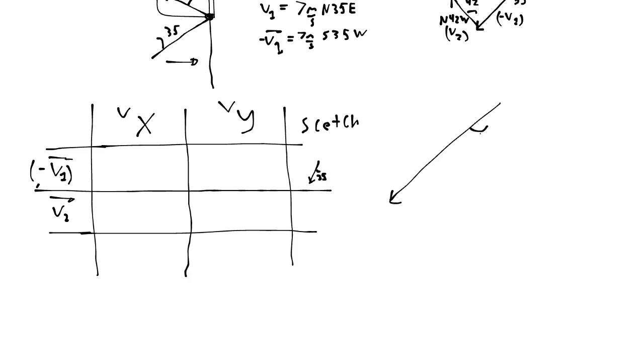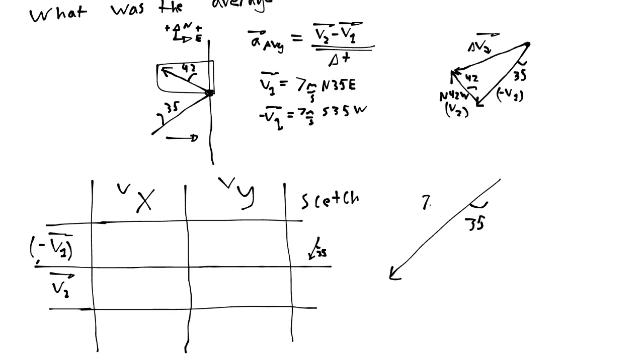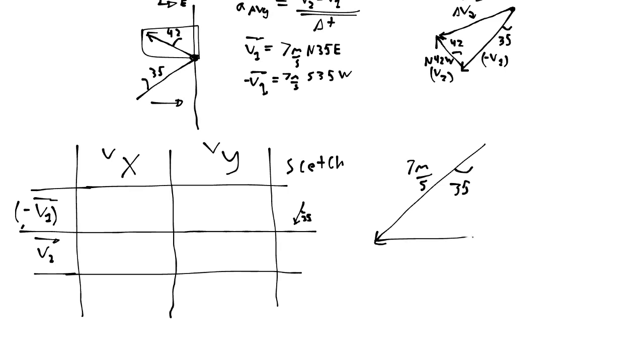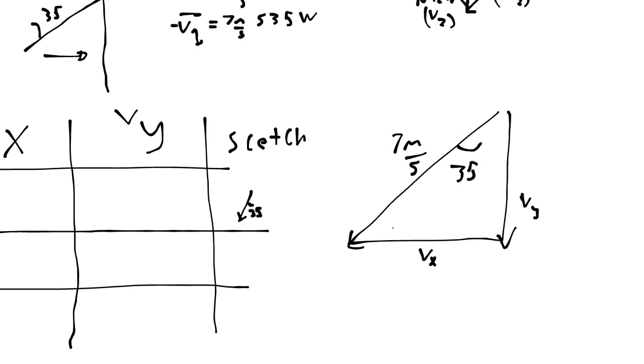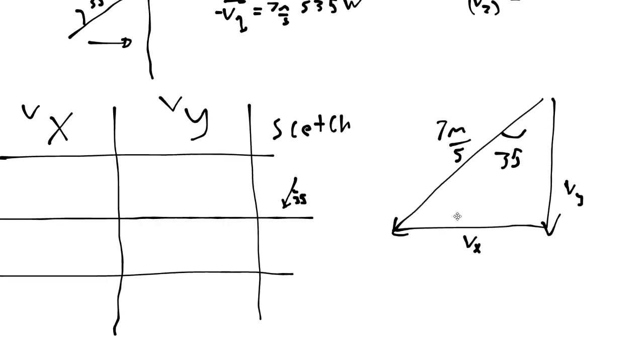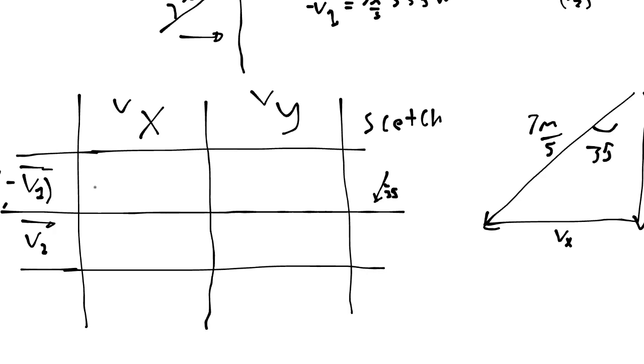If there's a 35 degree angle right here, and then this is 7 meters a second, then this is the velocity y, velocity x. So velocity x is sine 35 times 7 meters a second, right? So sine 35, 7 meters a second.